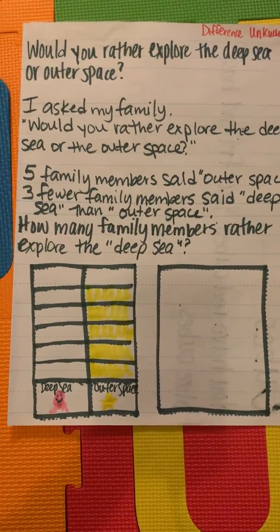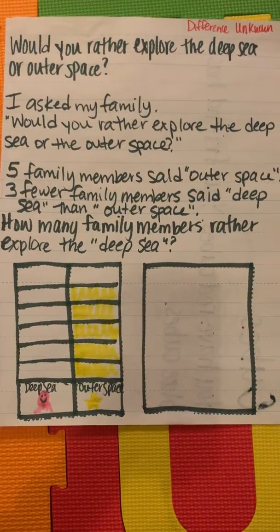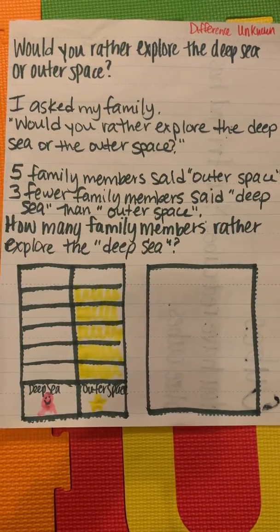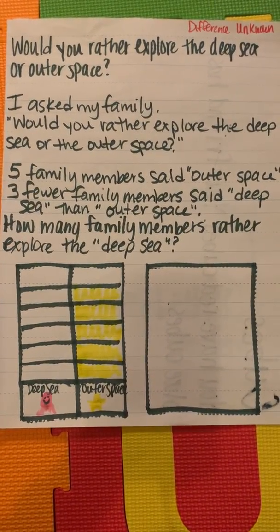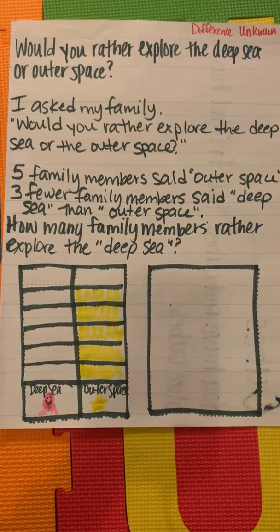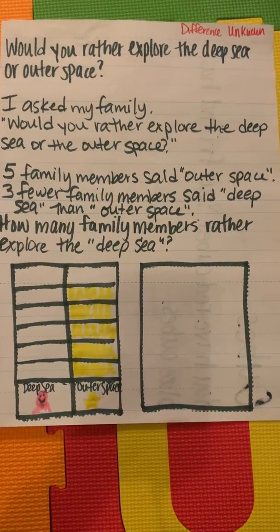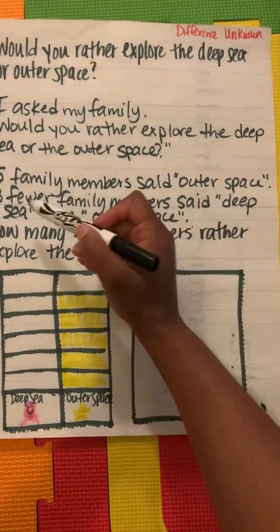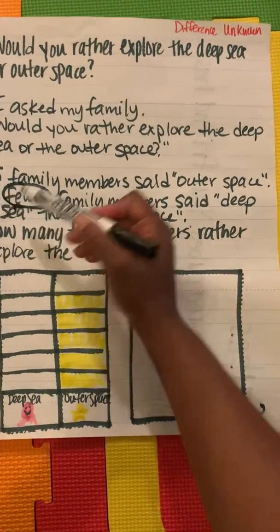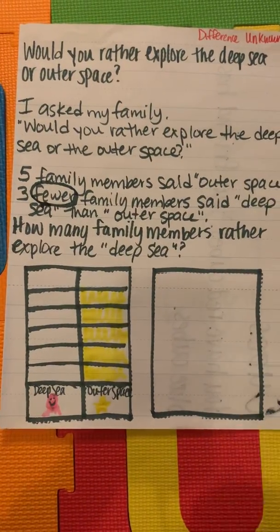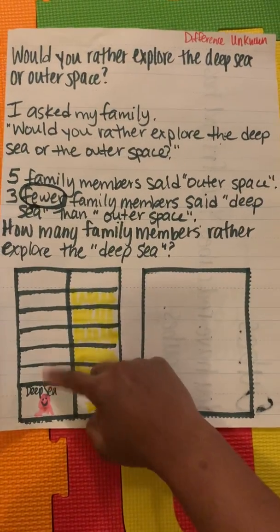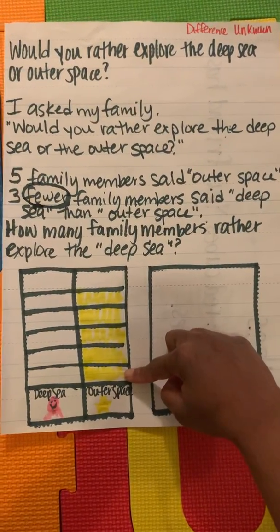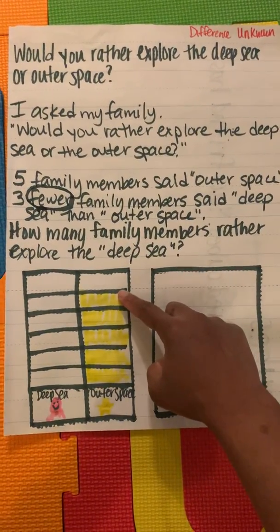3 fewer family members said deep sea than outer space. How many family members would rather explore the deep sea? So, just like when we were trying to solve the bigger unknown, I see a key word here, fewer. Fewer means smaller or less. So whatever this amount is, it's going to be smaller or less than 5. So I have 5.